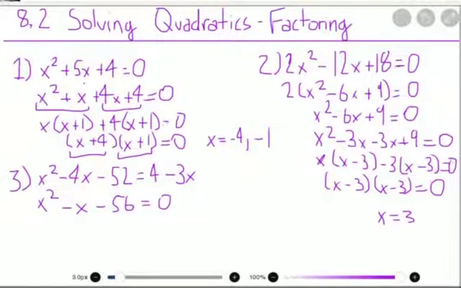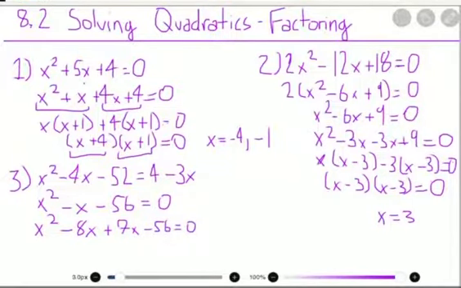And from here, we can just factor the equation. So 1 times -56 is -56. -8 plus 7 is -1, so we can use that. x squared minus 8x plus 7x minus 56 equals 0.